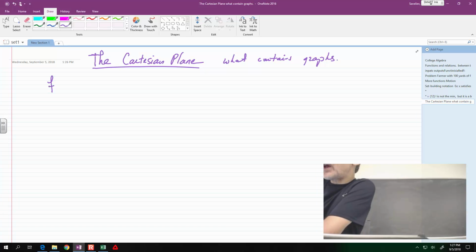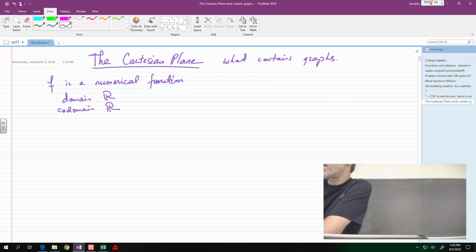So suppose f is a numerical function. At its simplest, the domain is R, and the codomain is R. So as you can see, we are facing two sets.